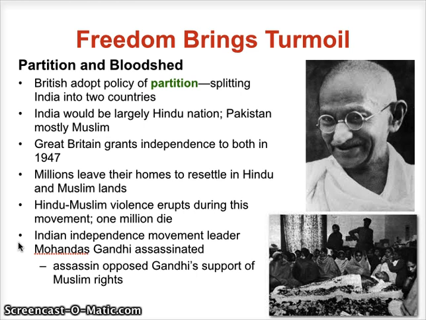Now, Gandhi was not Muslim, he was Hindu, and the fact that he was arguing for the opposite side makes some extreme Hindus very upset. As a result, one extremist Hindu ends up assassinating Gandhi, strictly because he believed that Gandhi was being too nice to Muslim rights.